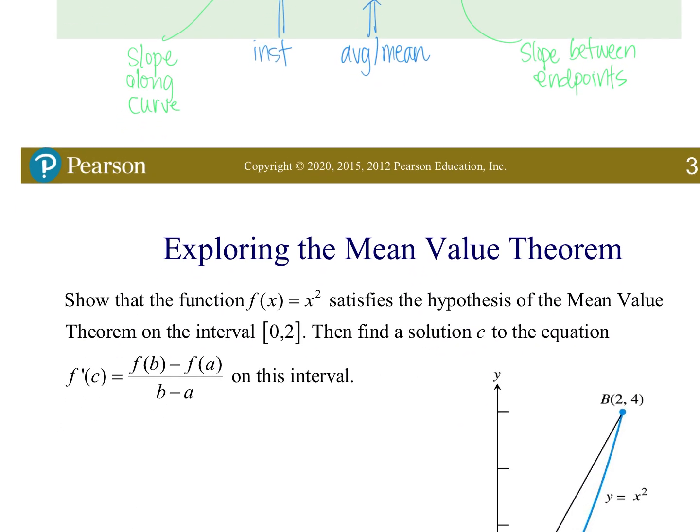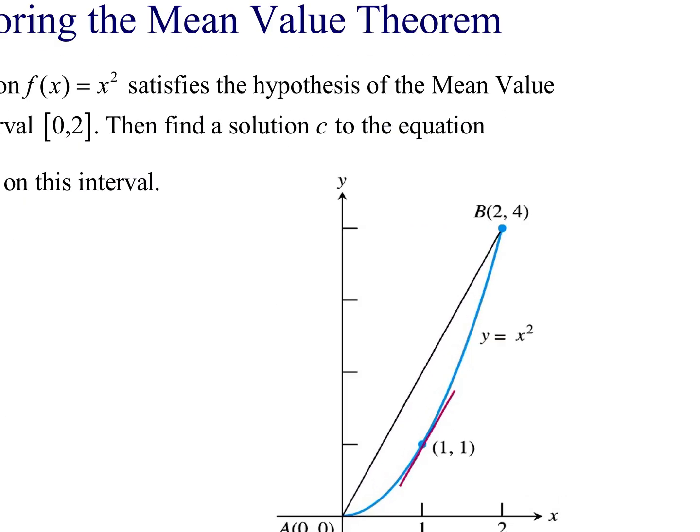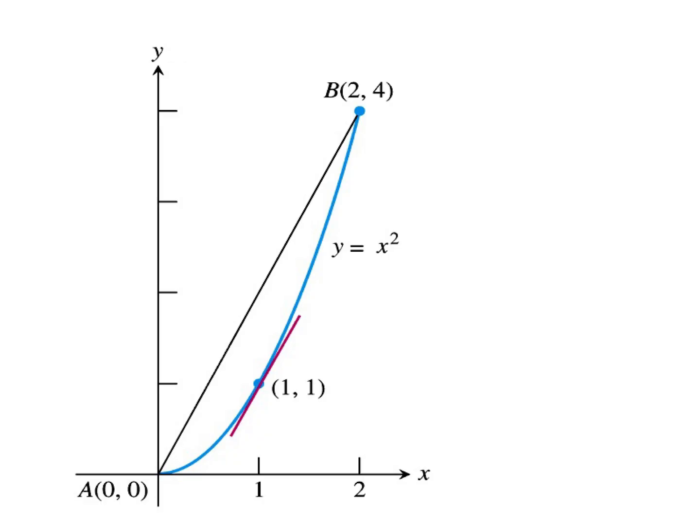So here's a drawing of what that is. So here's a picture. Okay, you have the endpoints from 0, 0 to 2, 4. So you'll have the average rate of change, or the average slope, the mean slope that will connect to the endpoints. But you also have your instantaneous.